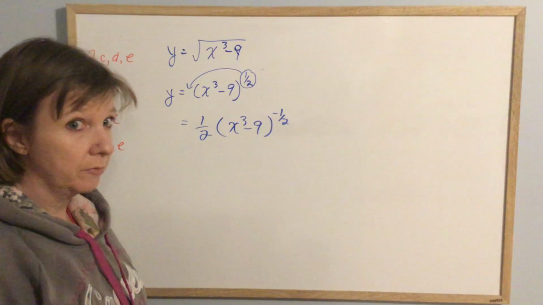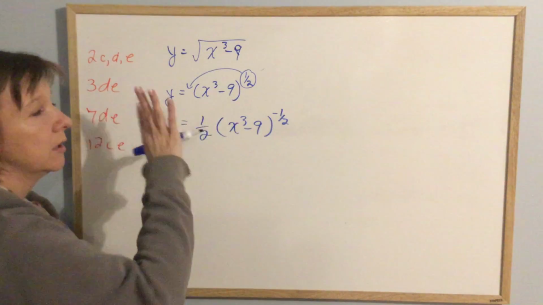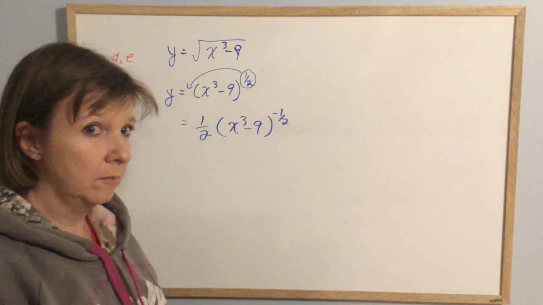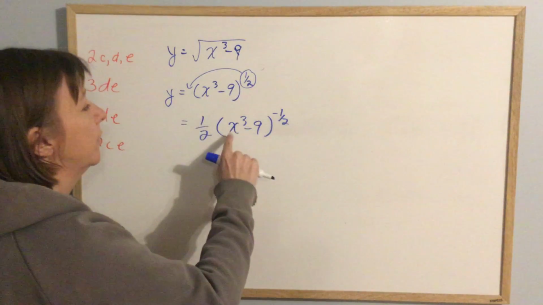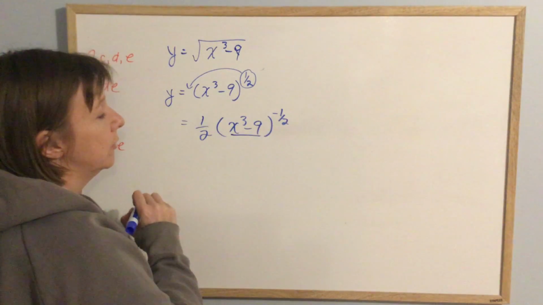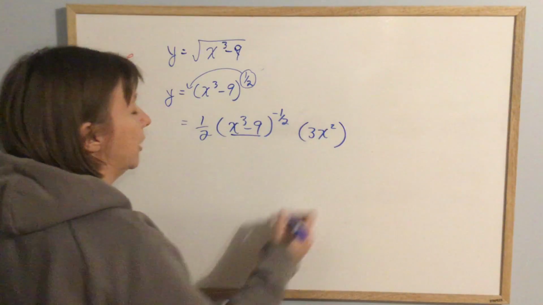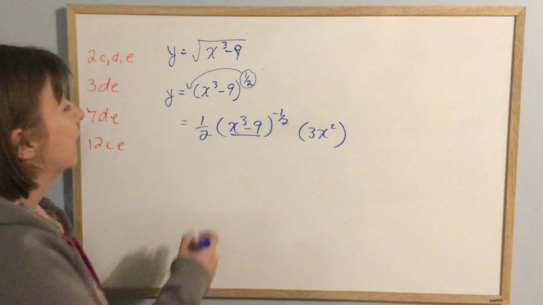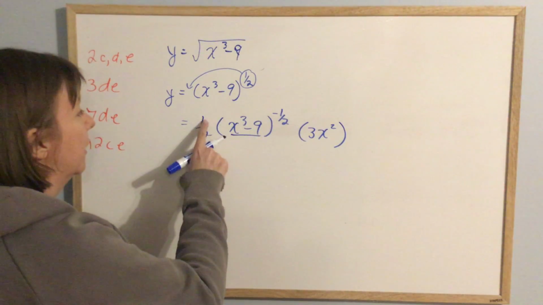That's the first part of the chain rule. Just bring this down, decrease it by 1, leave the inside alone. The second part of the chain rule is now that I've done the derivative of that, just do the derivative of this inside, which would be 3x squared. And theoretically, that's it, but I think we can clean this up a little bit.